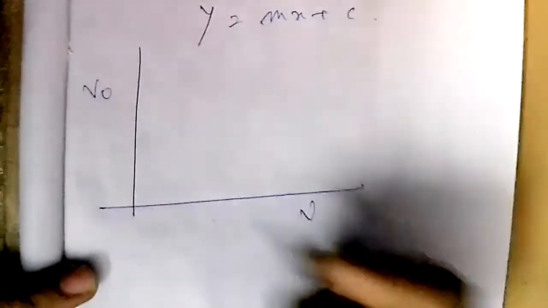Now, it is an equation of a straight line, y equals mx plus c. If we plot stopping potential as a function of frequency, it will go like this.